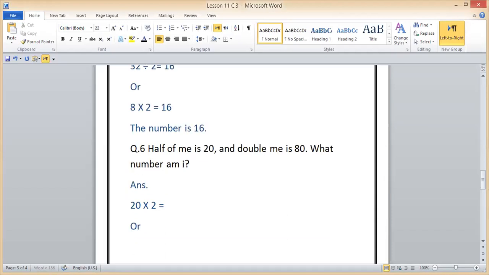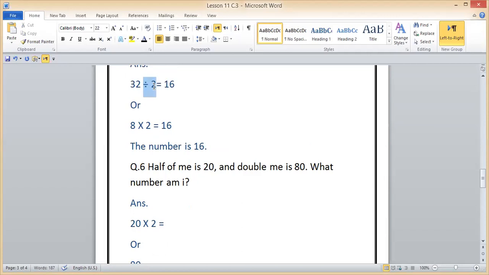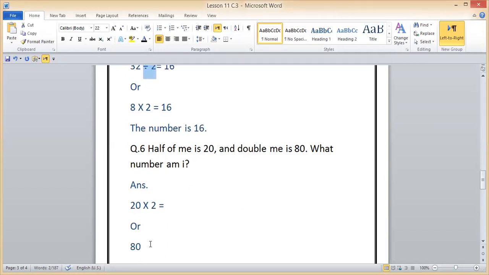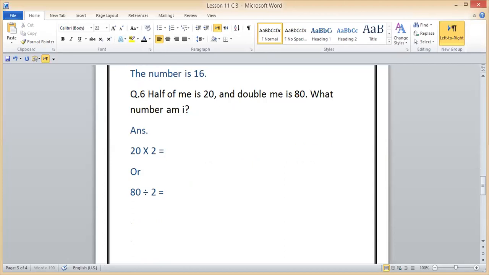Or double of me is 80, so find out half of 80, divided by 2. In both ways, you will find one answer, and that answer you will say the number is.